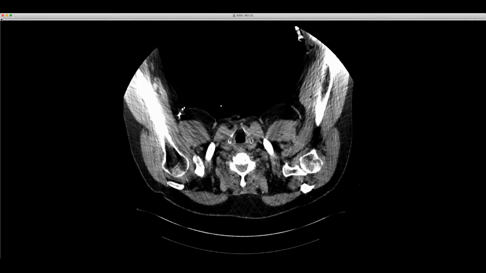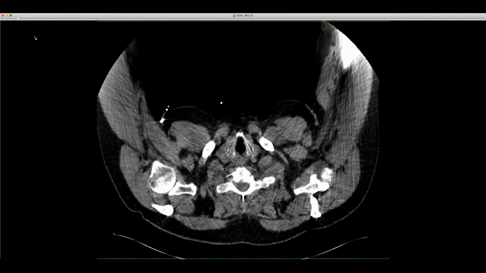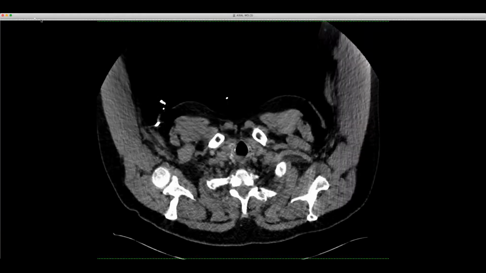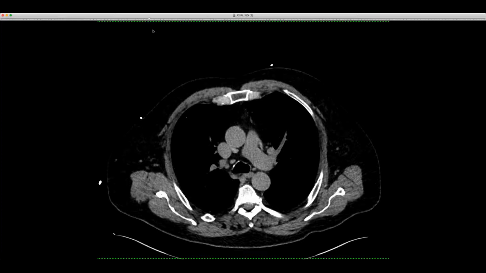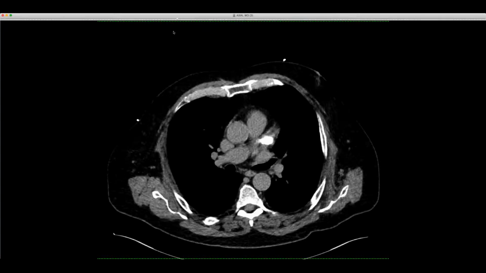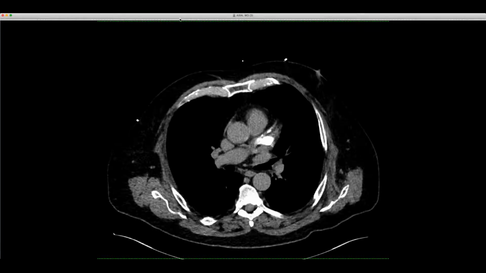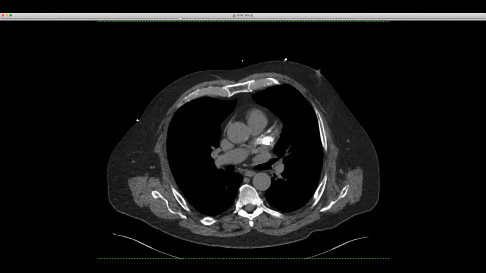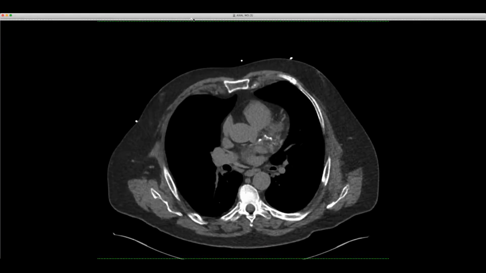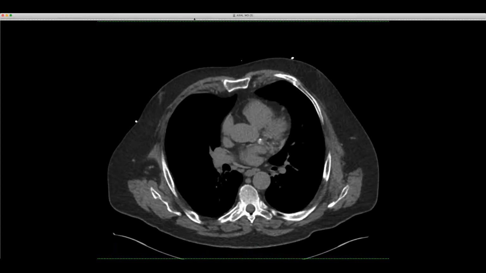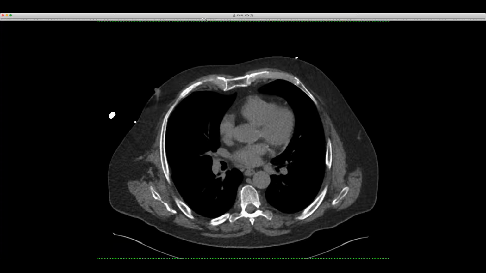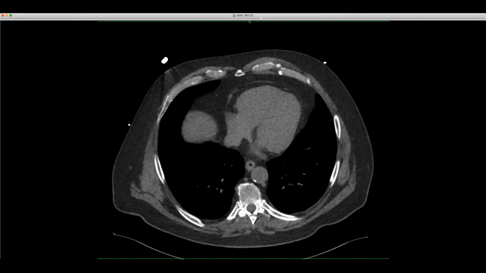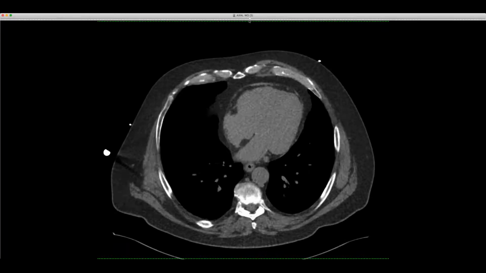This is just a quick case of a patient who had a recent cath, and this was a non-contrast CT that was done. And you can already see that there is high attenuation material right here in the mediastinum. You can see that it's closely opposed to the coronary here, and you can see some high attenuation material in the pericardium there.